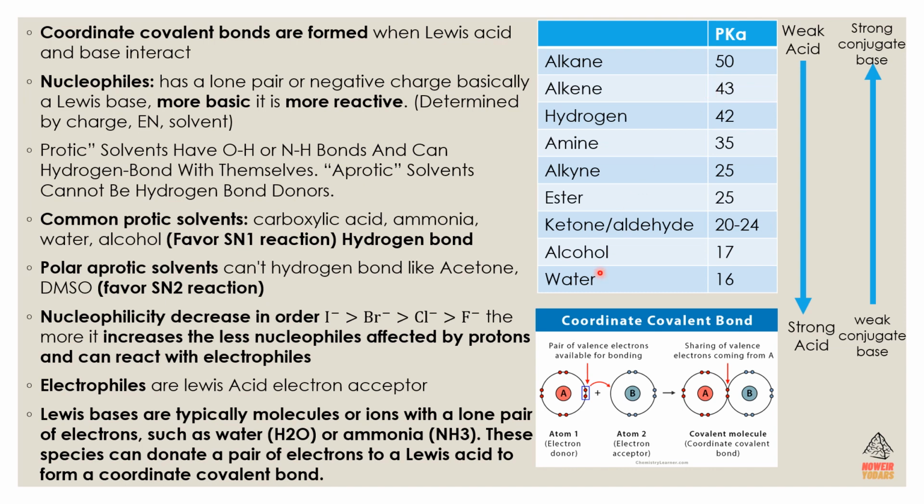For instance, water is a fairly strong acid but has a weak conjugate base. But an alkane is a weak acid and has a strong conjugate base.